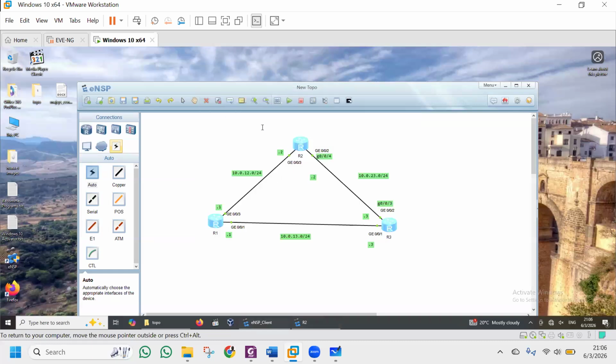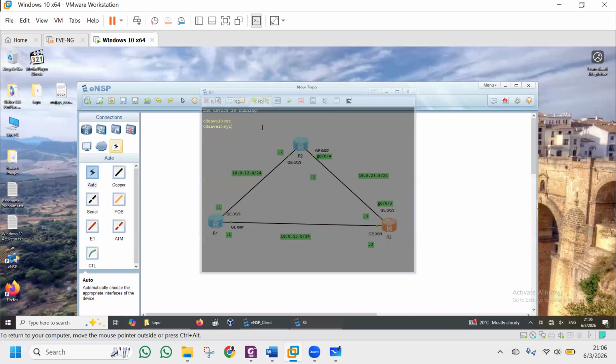Then the last router, system view, interface, we have Gig 0/0/2, IP address 10.0.23.3, slash 24.